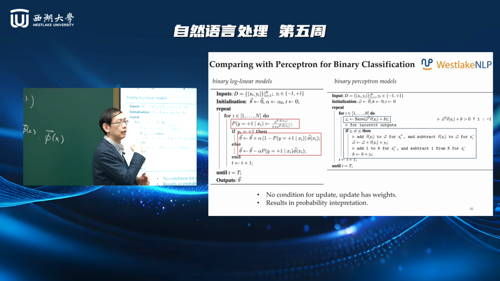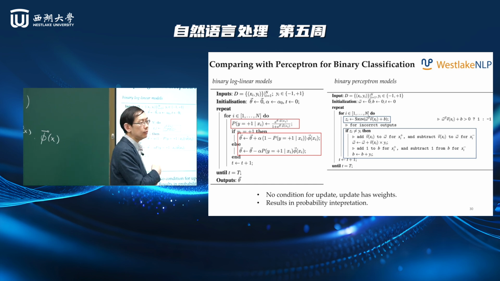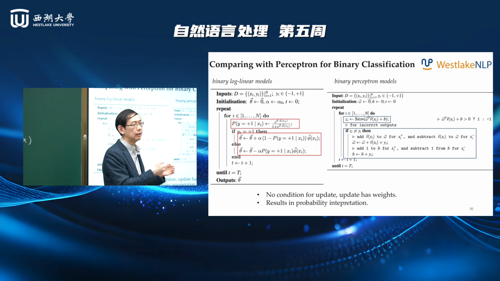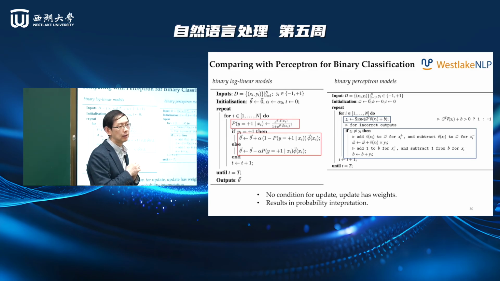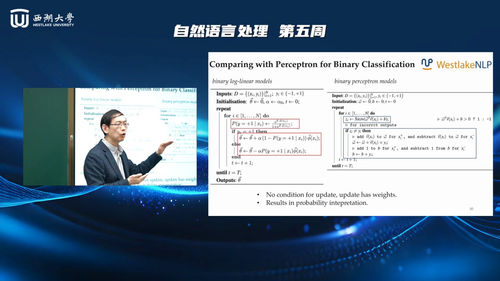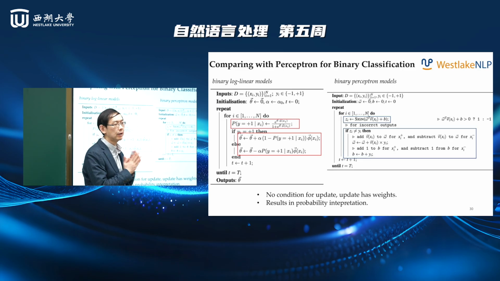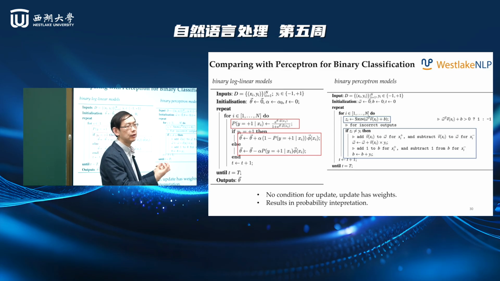For negative instances, the update is to subtract phi from theta. This is similar to perceptron. But perceptron says, if you don't do it correctly, I will update my theta using the whole phi. Logistic regression says, I will always subtract phi from theta unless you give it a 0 positive probability. If you give it a 0 positive probability, I don't update.